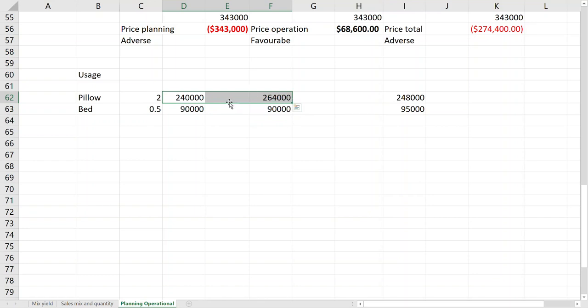Okay? If I want to know specifically, for pillowcases we should have used 264,000, but we used 248,000, which is less. For bed sheets we should have used 90,000, we used 95,000, which is adverse.